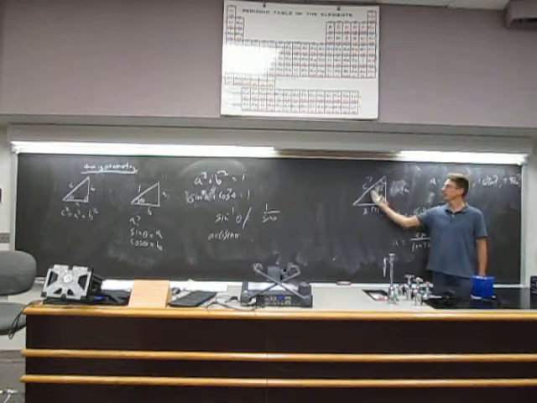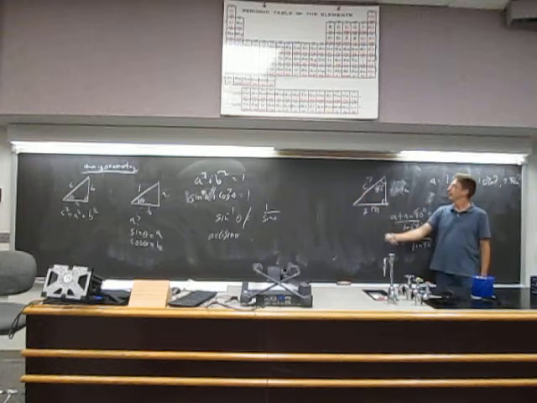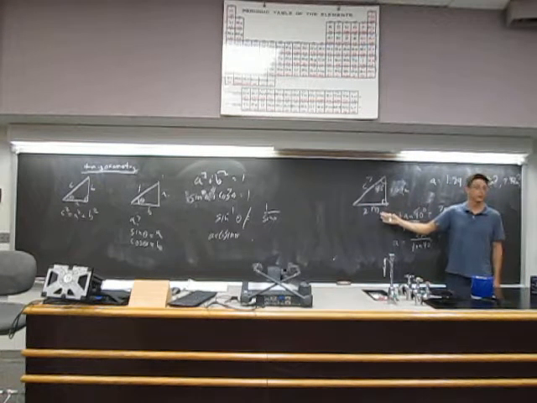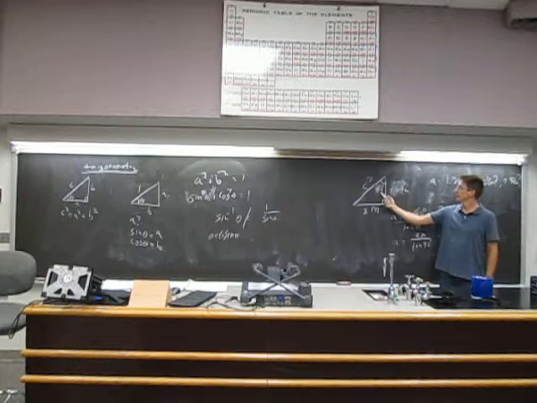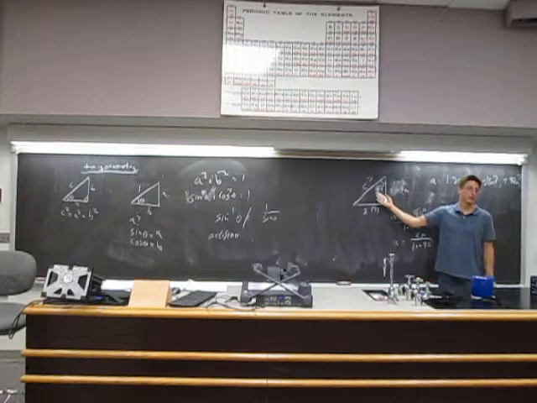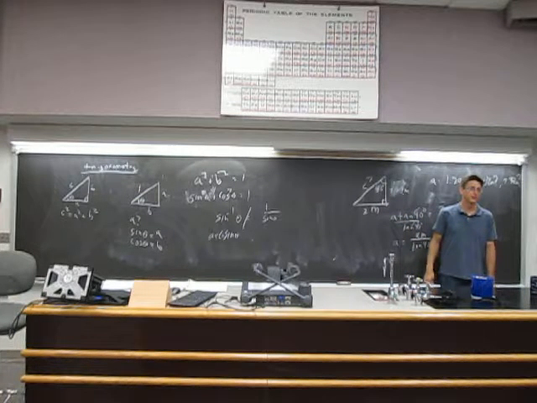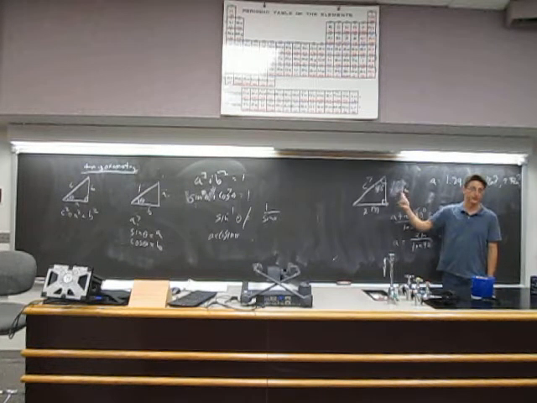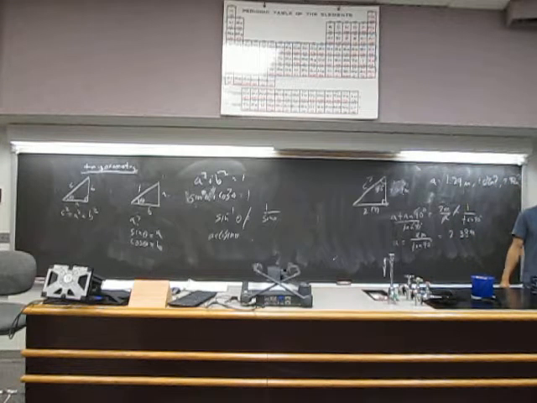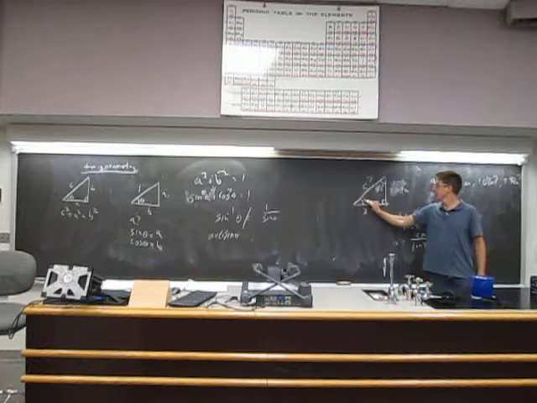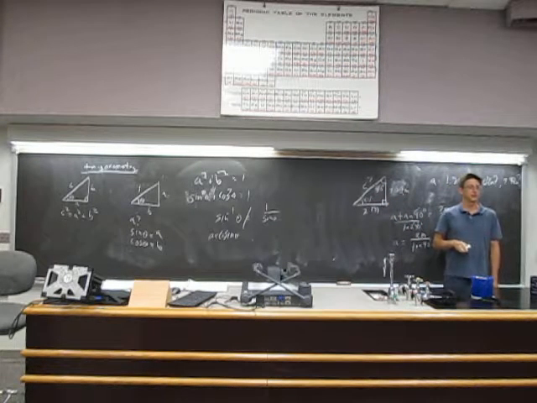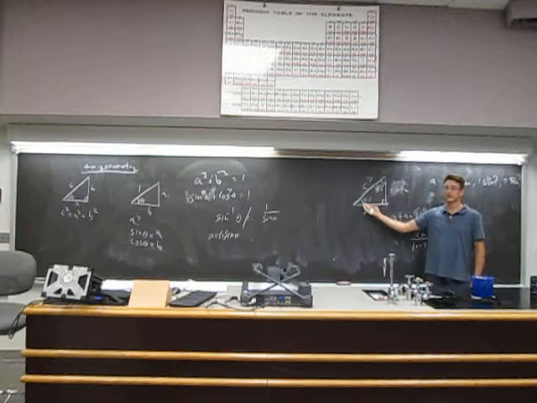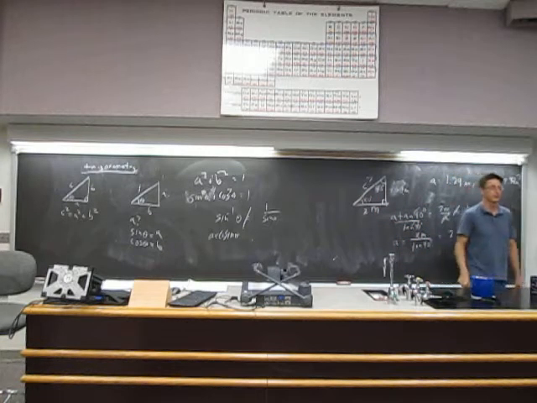Now there's many ways you could get C. You could use the Pythagorean theorem. You could use any other trigonometric function you want, cosine or sine. You could write this as 50 degrees, since we know that the total of the angles in a triangle has to be 180, and you could do similar stuff for this angle if you wanted to.